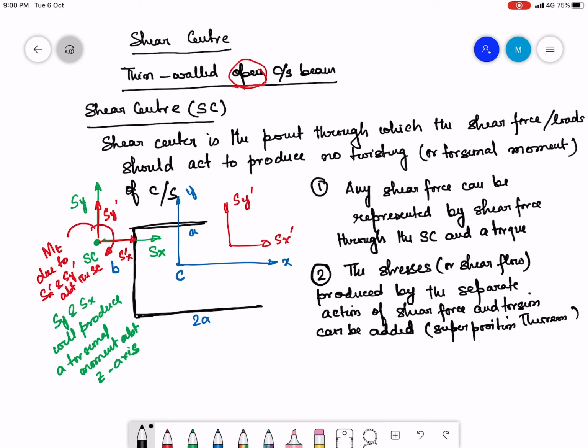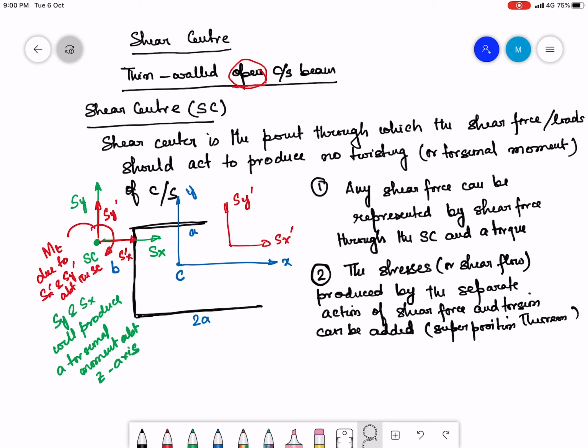Once we formulate the equivalent system, we find the shear stresses or shear flow individually for the shear force and the torsion, and then add them up using the superposition theorem.